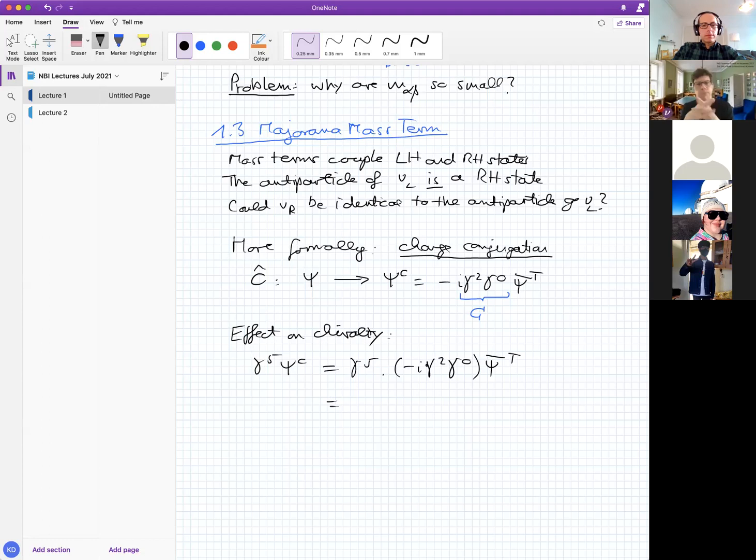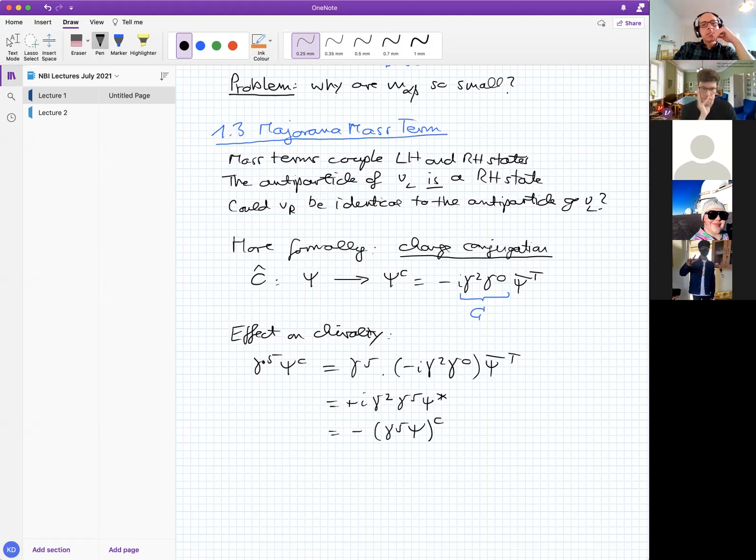The gamma 5 can be anti-commuted past the gamma 2, so the minus sign turns into a plus sign because of the anti-commutation. So I end up with gamma 2, gamma 5 times psi star. And I can write this as minus gamma 5 times psi and the charge conjugation operation applied to the whole thing.